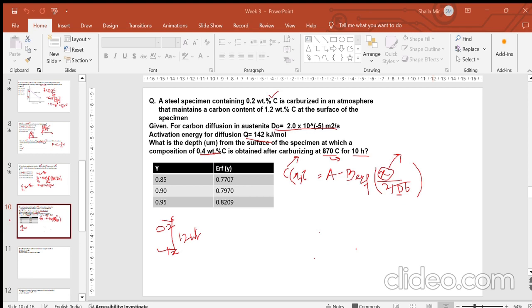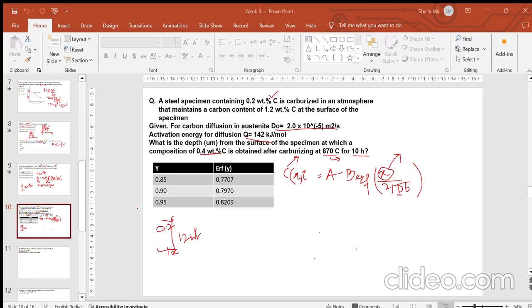You can do this way also. You can do the similar way that we tried earlier where we had D1 and D2. You just divide D1 and D2 and then you can find this exponential function, again the same thing that we did earlier. This is a better way to do it. 47355 into 10 raised to minus 11.